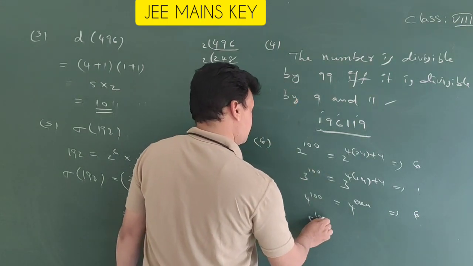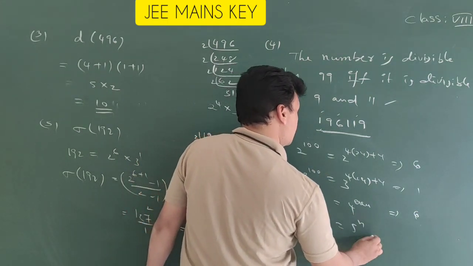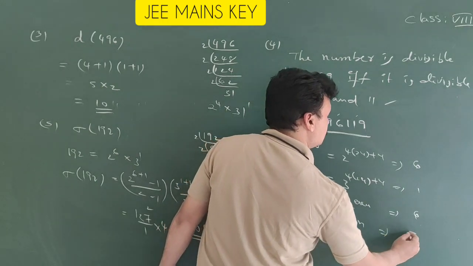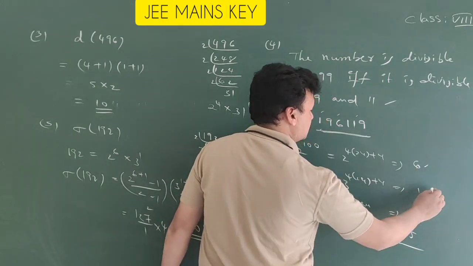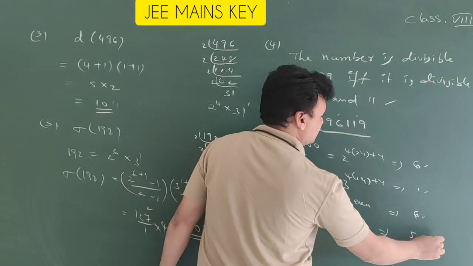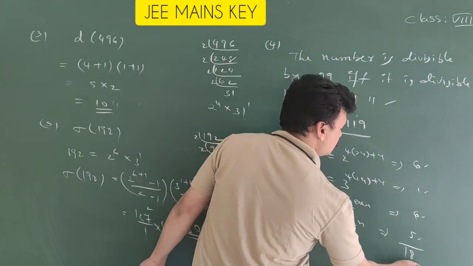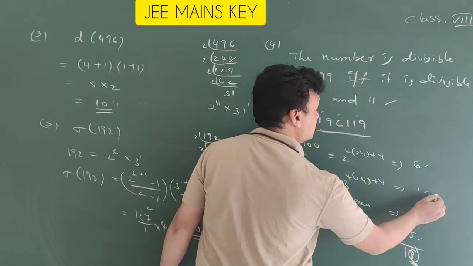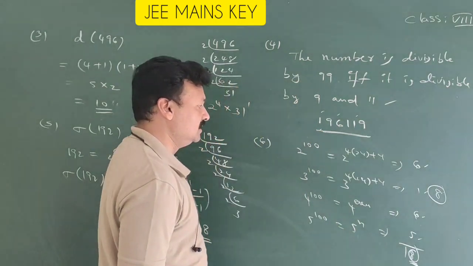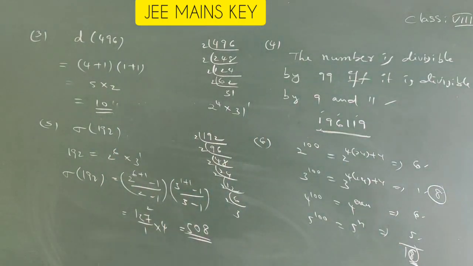Next, 5 power 100: 5 power n equals 5. So here 6 plus 6 is 12, 12 plus 6 is 18. So the required units digit is 8.